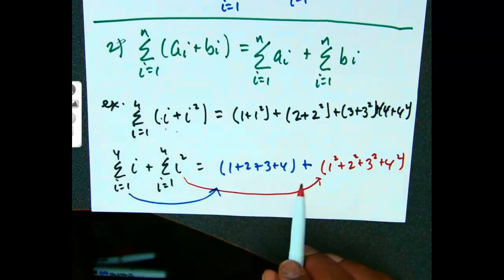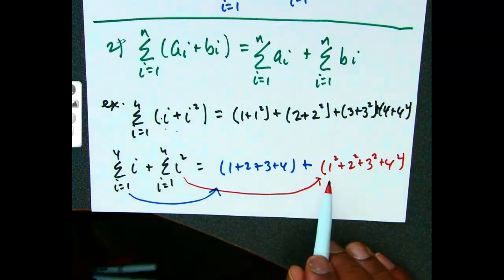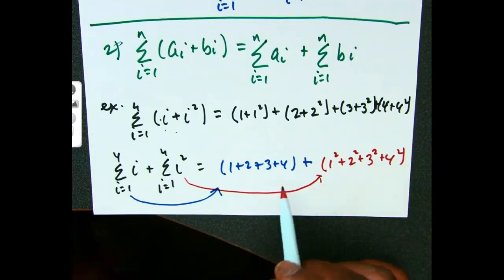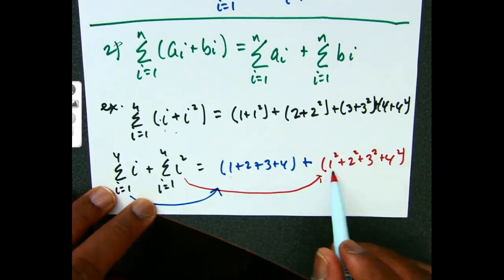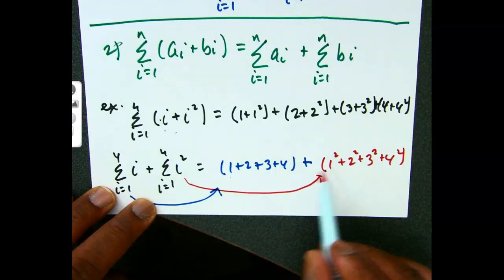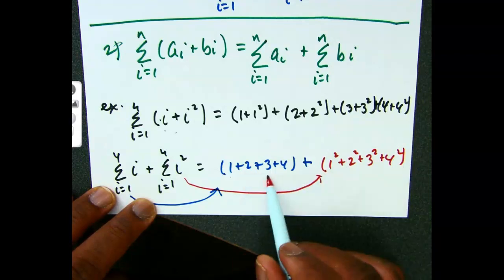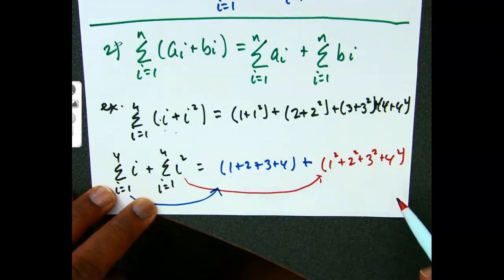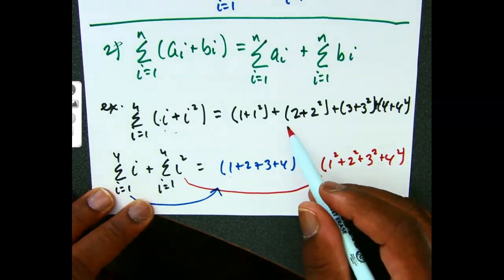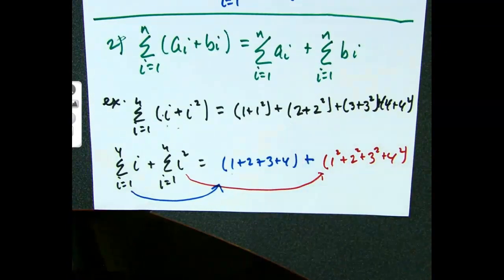Now, if we were to rearrange these using our commutative property, we could match up the 1 with the 1 squared, the 2 with the 2 squared, 3 with the 3 squared, 4 with the 4 squared. And it's going to be exactly what we have there.